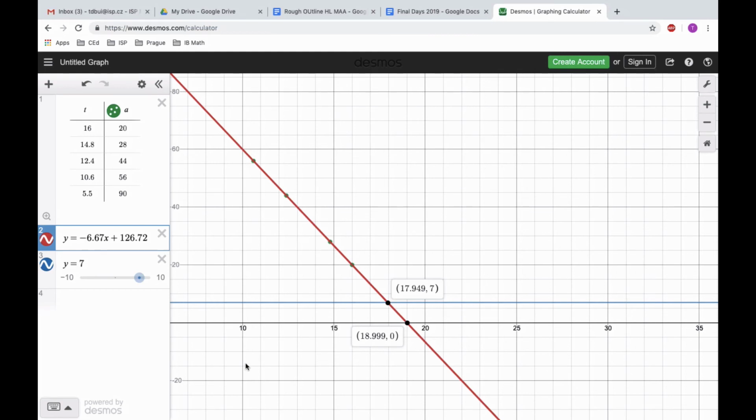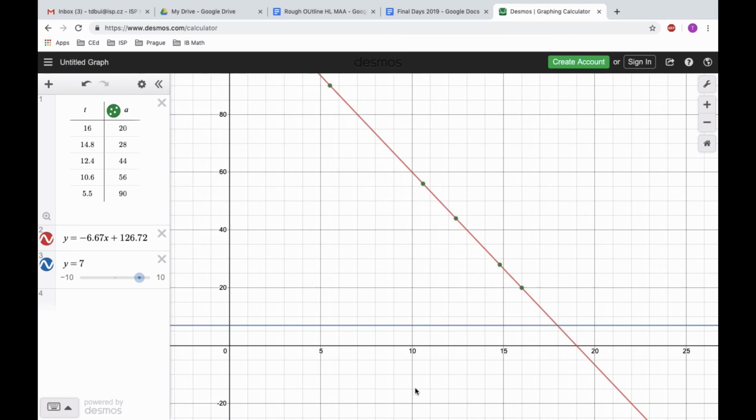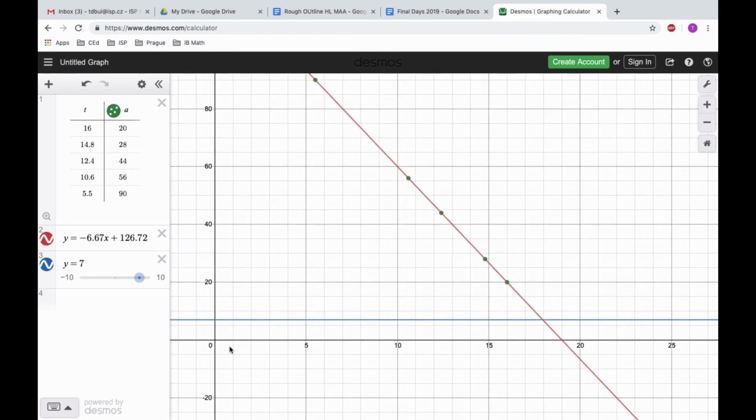What values of time make sense for our problem? Can we have a negative value for time? Yes, but not in this case, because we filled up the bathtub and pulled the plug at time equals 0.